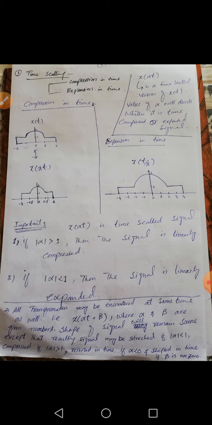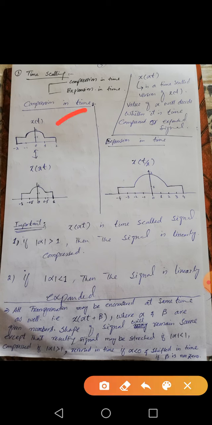This is the x of t given, and it is defined from minus 2 to 2. This is the original signal. Now I need to plot x2 of t. Here the value of alpha is equal to 2. So the alpha value is 2, and now the resultant signal is defined over the range from minus 1 to 1.